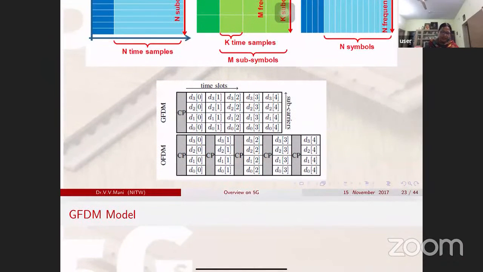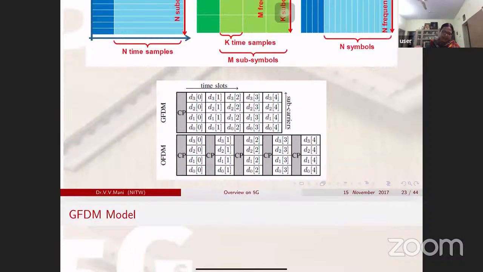So pictorially we can see how it looks. What is the difference from OFDM to GFDM? In OFDM, at the 0th instant, one time I started my transmitter, I am observing 4 data samples. For these 4 data samples, I have added a cyclic prefix, right? Because if you remember your diagram, at the end of your IFFT block, there is an addition of a cyclic prefix.